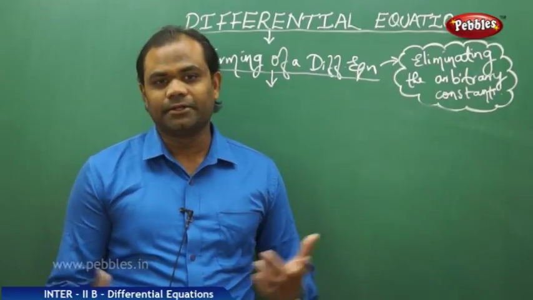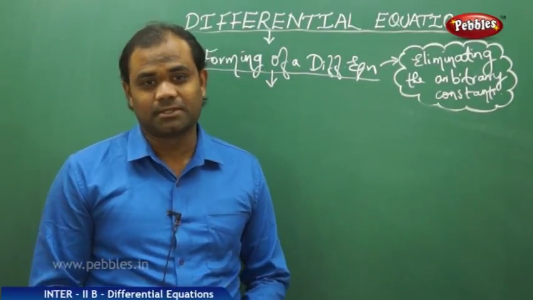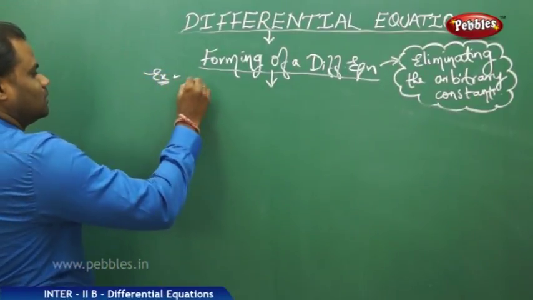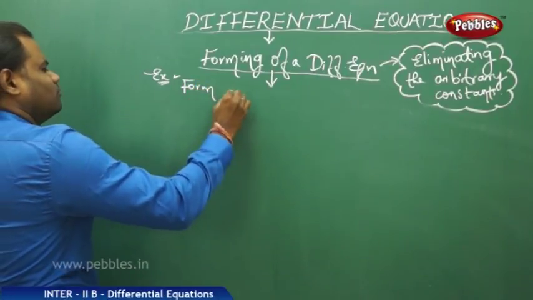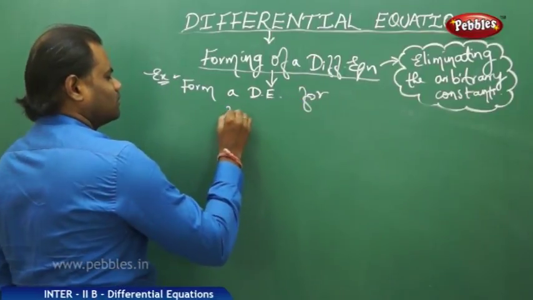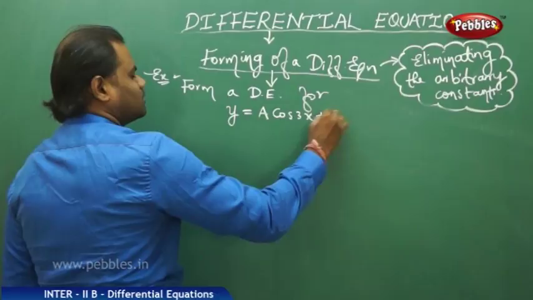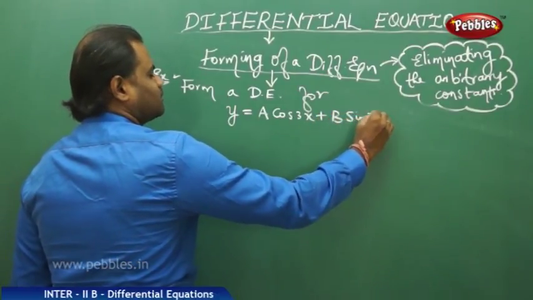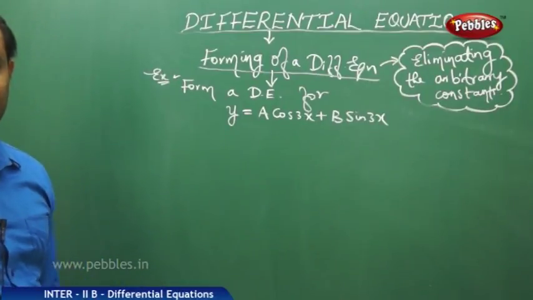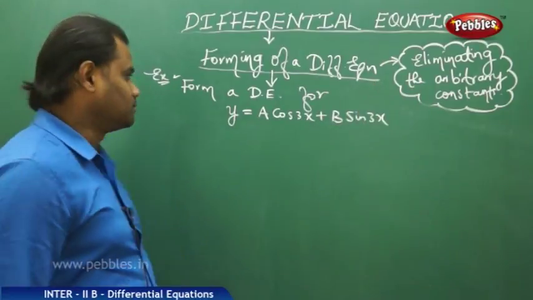Now let's see another differential equation where we can eliminate all the arbitrary constants. Say for example, I have the question which says form a differential equation for y equals a cos 3x plus b sin 3x, where here a and b are the arbitrary constants which need to be eliminated for forming a differential equation.